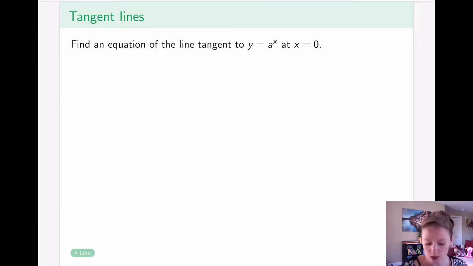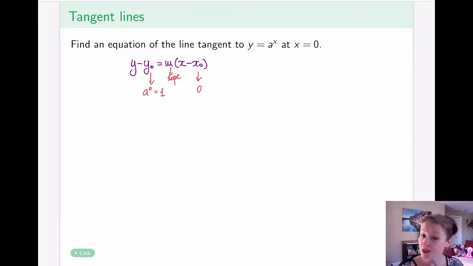So, as always, we will start with y minus y naught equals m times x minus x naught, where m is our slope. So the point here is x equals 0, which means that y equals a to power 0, which is, of course, equal to 1. And this m is the slope.